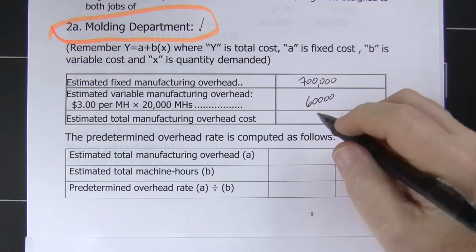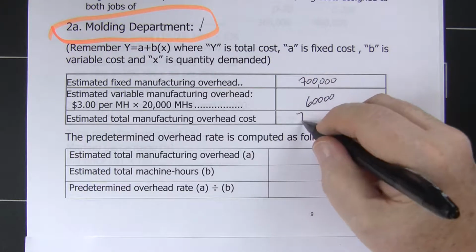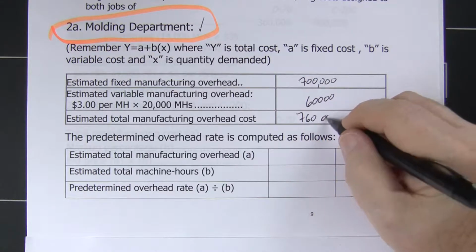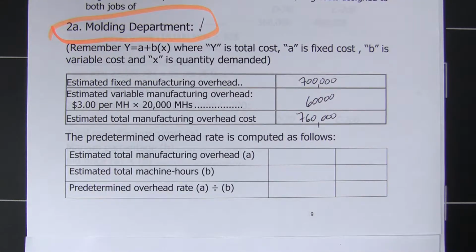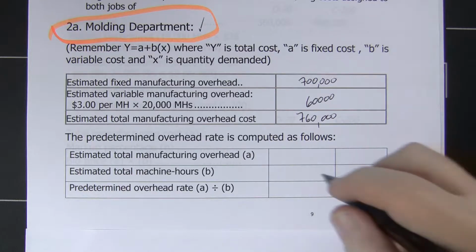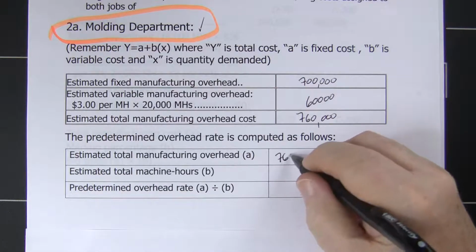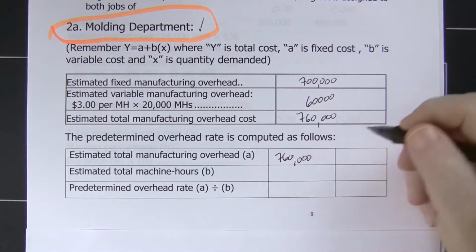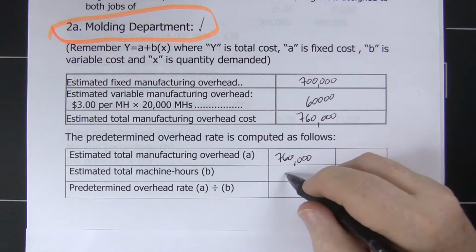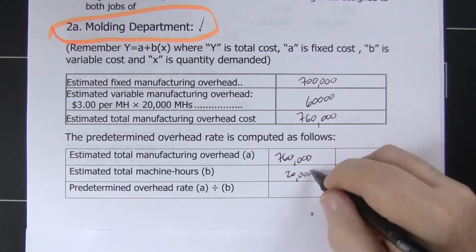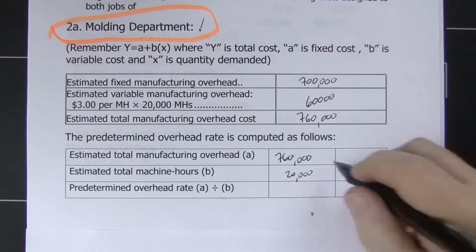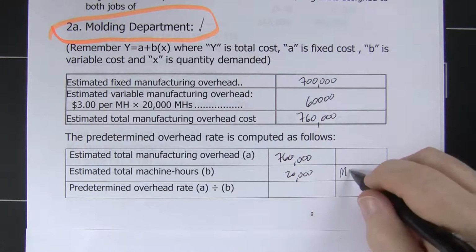So the estimated manufacturing overhead for the molding department was $760,000. Remember, they estimated 20,000 machine hours.